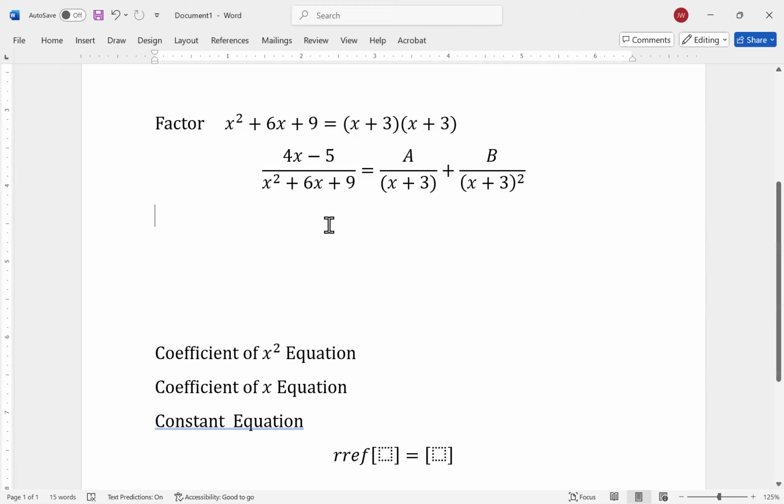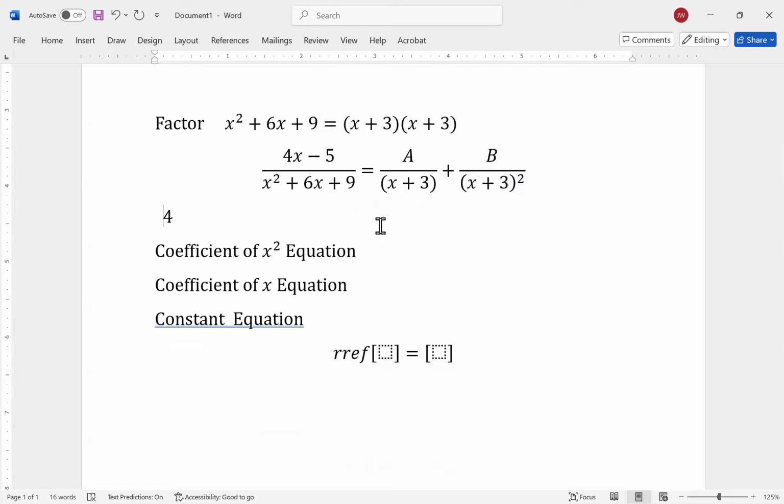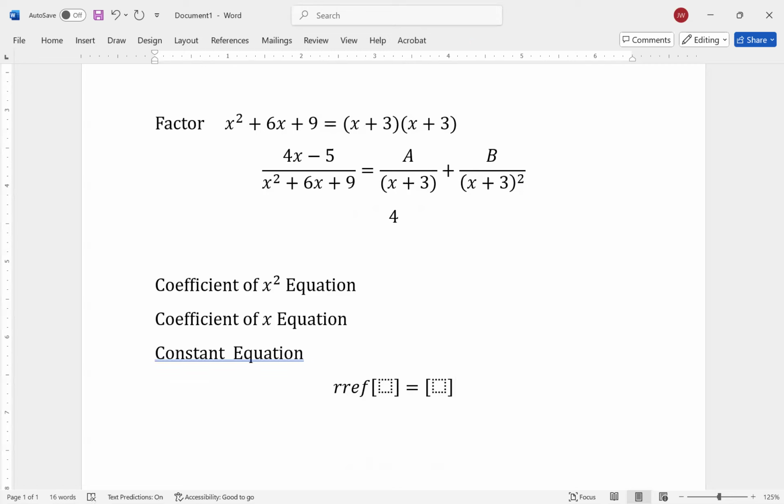To get common denominators with this initial fraction, we'd have to multiply by x plus 3 over x plus 3. So my numerator here of 4x minus 5 is going to be equal to A times the quantity x plus 3.